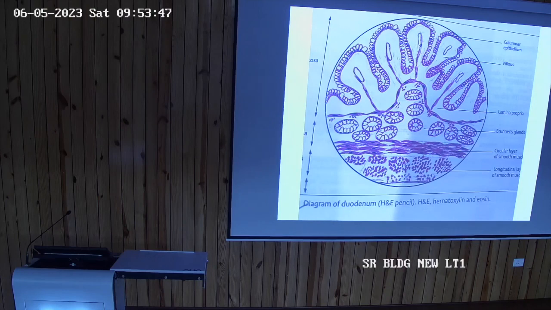Goblet cells are looking empty. Look here, the goblet cells are looking empty. The nucleus is close to the basement membrane, a flattened nucleus seen close to the basement membrane. Can't you see it? Look here, in the transverse section.